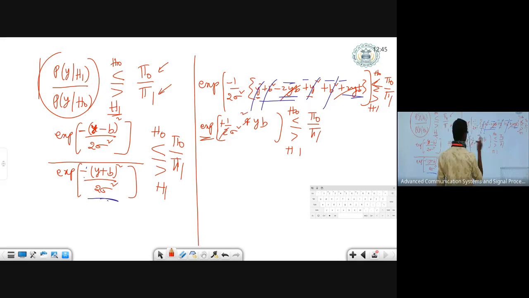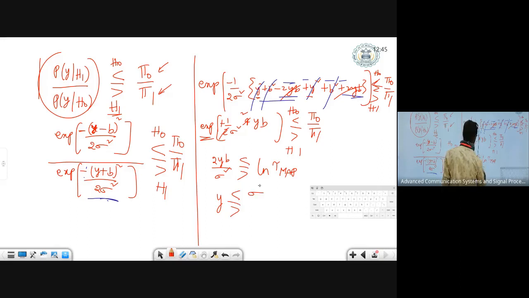If I apply natural logarithm, I will be having 2yb by sigma square, natural logarithm of tau map. Okay. So sigma square, if I cancel, y should be sigma square by 2b natural logarithm of tau map.